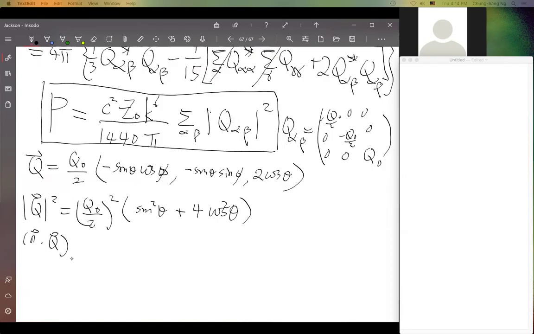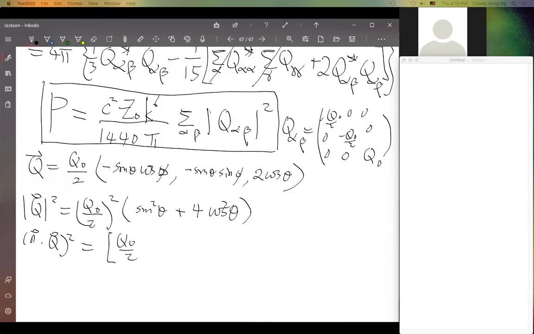And then n dot Q square. All right, so n dot Q is basically this one dot into n. So n1 is just the same. So you have basically minus n1 square, and then minus n2 square, and then this one dot into n is just 2 cosine square theta. Okay, so that will give you Q0 over 2 squared.